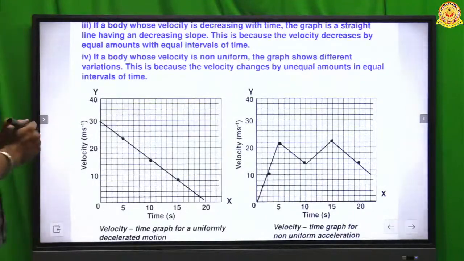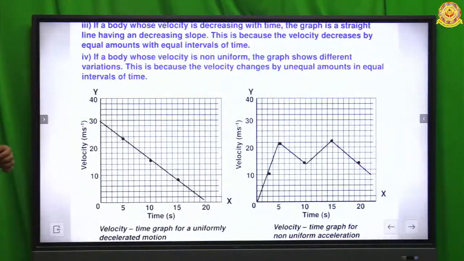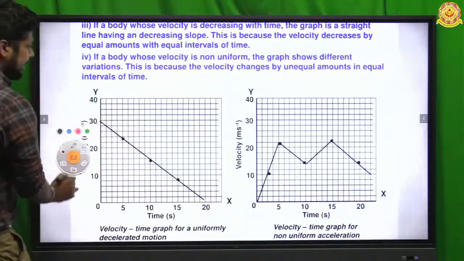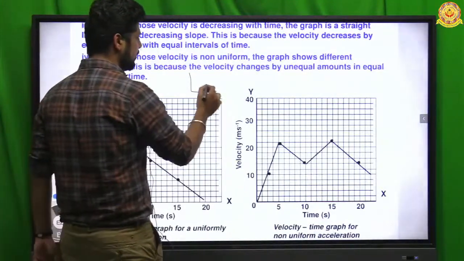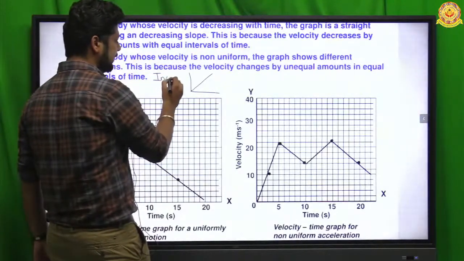If a body's velocity is decreasing with time, the graph is a straight line having a decreasing slope. We have seen in an increasing velocity graph, we got a graph like this with the increasing slope. This is for increasing velocity.